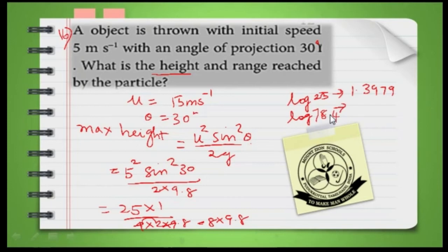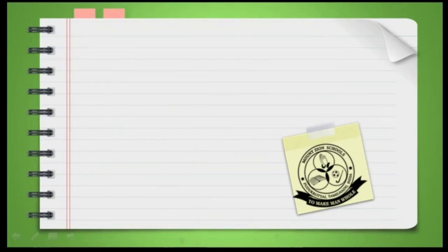For 78.4, the log value is 1.8943. Okay. So it is bar 1.5036. So we need to find out the antilog of it. So let us find out the antilog of the value, and that's going to be the maximum height.